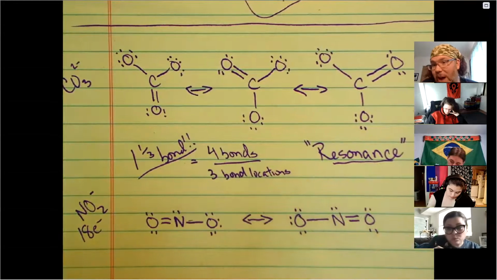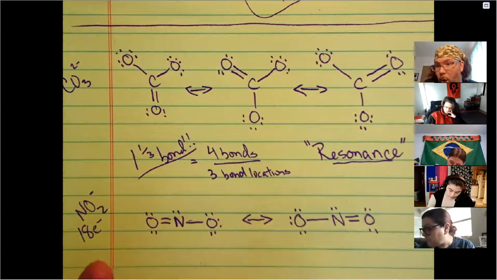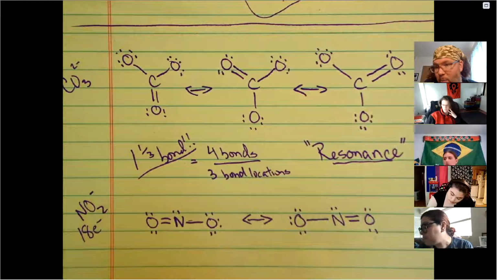So if I was to define the idea of resonance, what I would say is resonance is when electrons are shared over more than one bond location. There's lots of ways to define resonance, but in general, all of them talk about electrons being in more than one place at once.